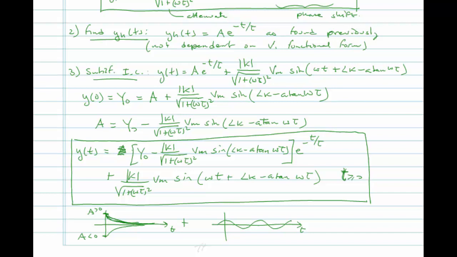And then we put those two together and looked at the initial conditions at time 0, and in doing so we could find the undetermined coefficient of our natural response solution to arrive at a final complete solution that was completely determined by the initial condition, y naught, and by the various parameters of our system, in this case k, tau, Vm, and omega.